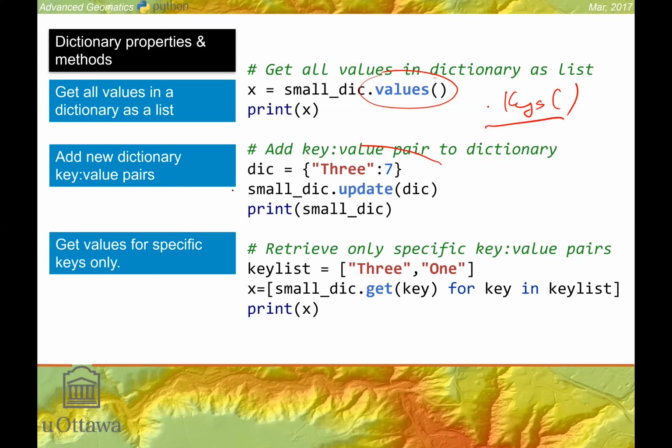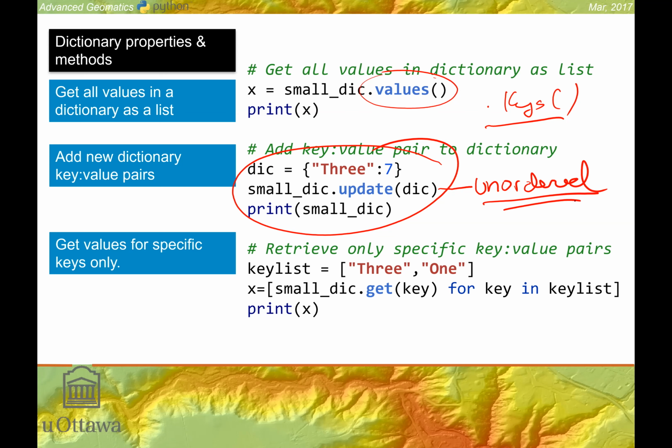We can update, and remember it's unordered. So when you update a dictionary, that key value pair could go anywhere within the dictionary. You should never write code that relies on dictionaries having keys which are structured or ordered in any way. And then the list comprehensions example there that we did.